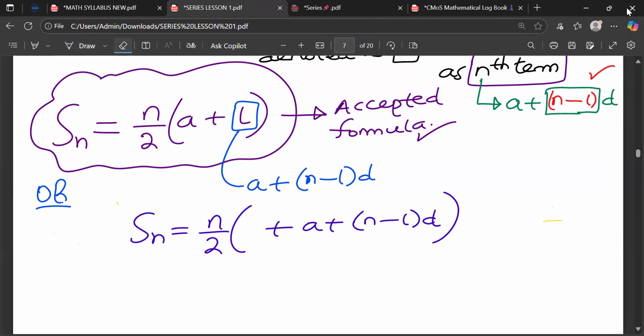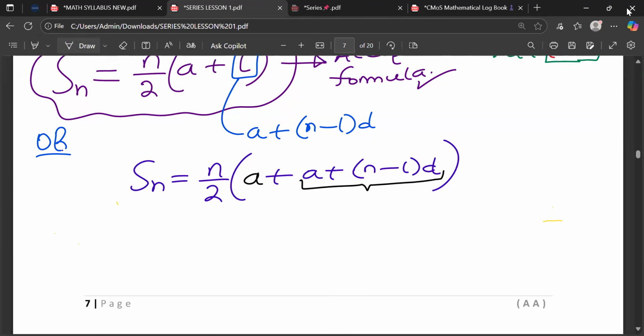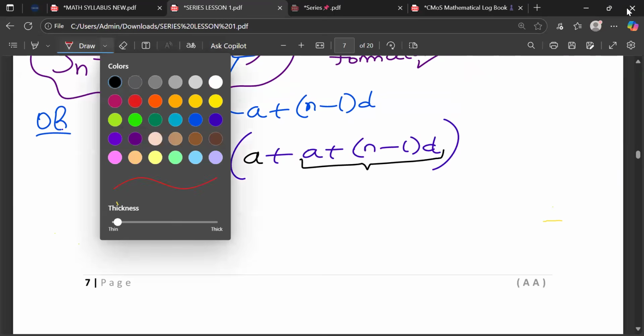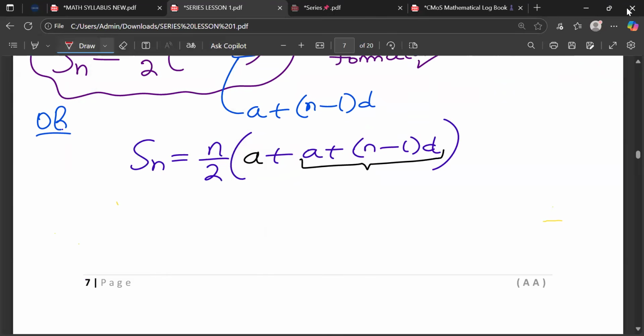This a is alone, and it was for the first term. This is also different for the last term. So when we collect like terms, a plus a gives us 2a. And that's how the formula in the logbook comes about, but it has a derivation. Yeah?